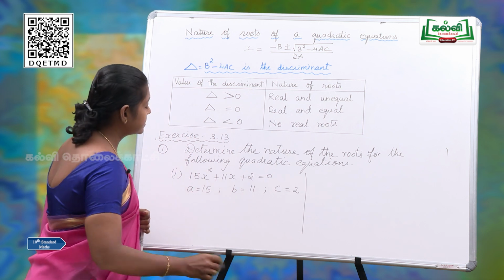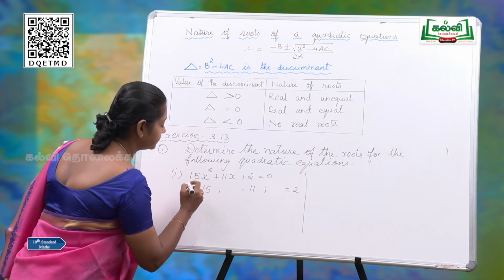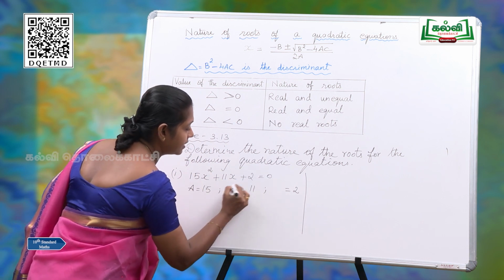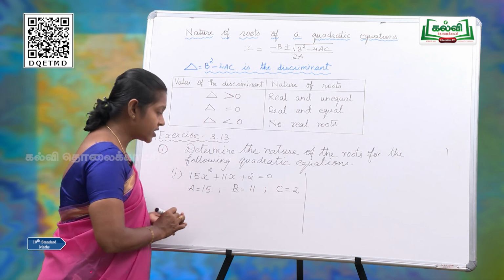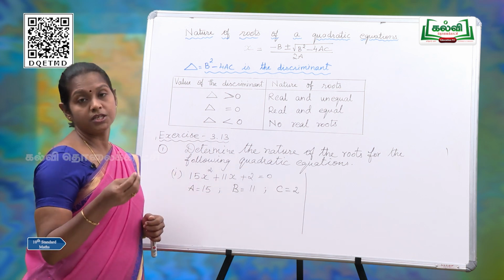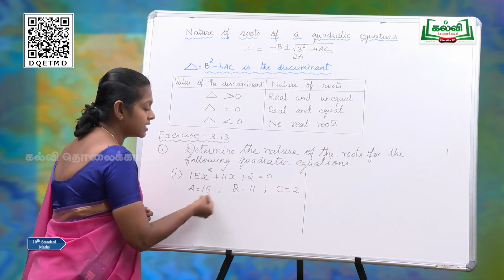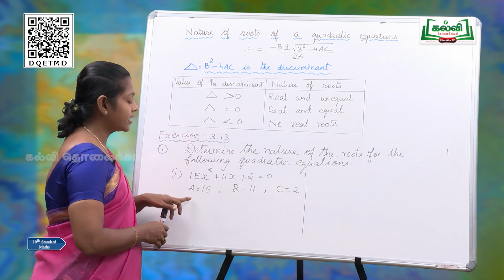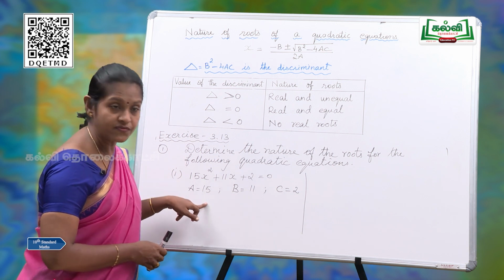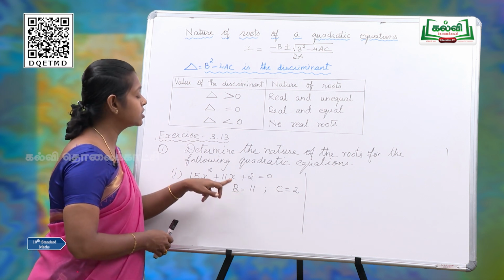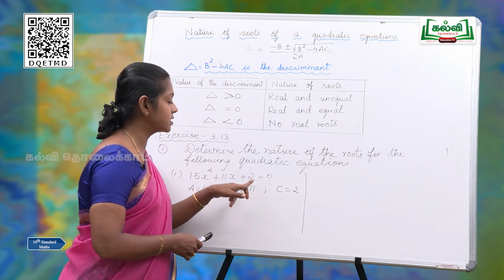You can even take this small a, small b, small c as capital A, capital B, capital C. Nothing wrong in that, because sometimes in the question itself the variables may be A, B, C. So, at that time you will get confused. So, we will take capital A, capital B, capital C. And capital A is nothing but the coefficient of x squared, that is 15 in this question, B is the coefficient of x, 11, and C is the constant term, which is 2.